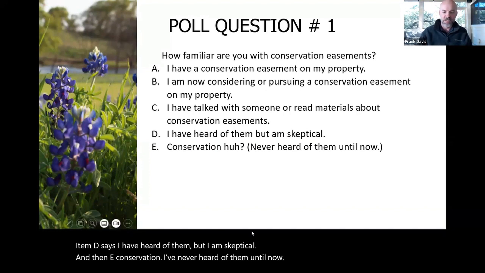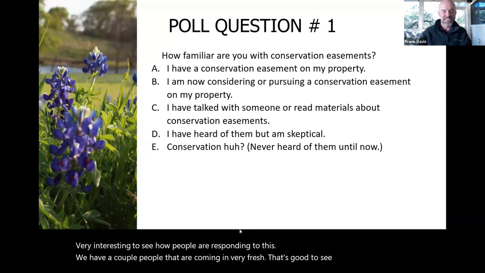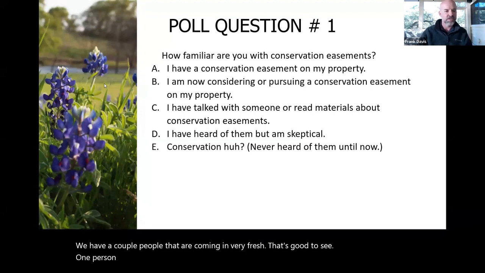That would be very interesting to see how people are responding to this. We have a couple people that are coming in very fresh. That's good to see. One person pursuing or considering a conservation easement. I see, Liz, you're working towards more familiarity.